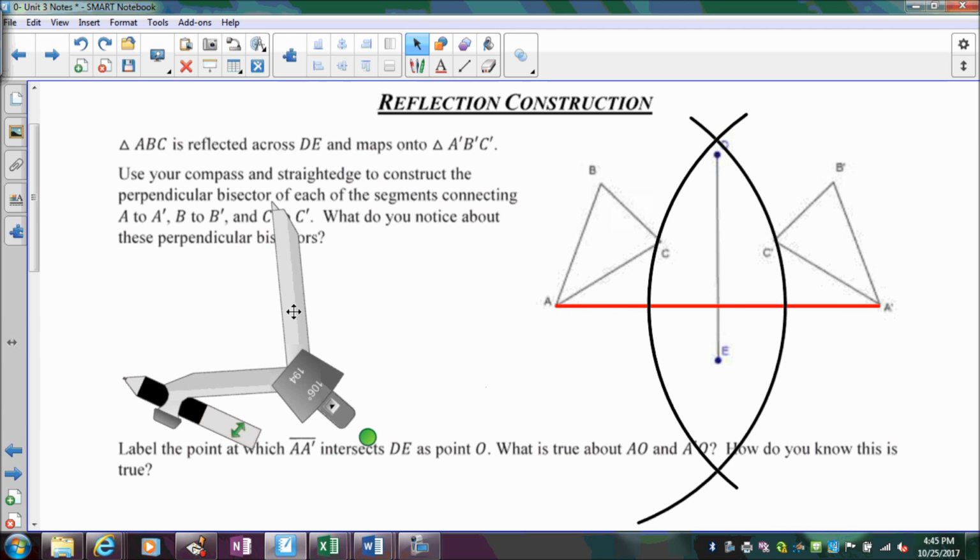There are some arcs. If I go ahead and connect those, you can see that segment DE is on that line of reflection.